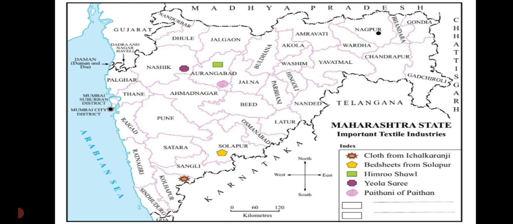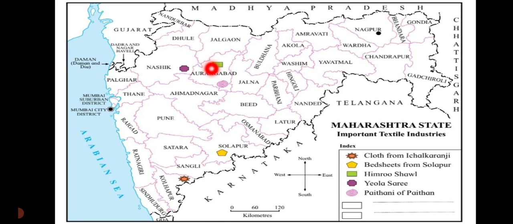See, the cloth from Ichalkaranji is shown with a sign, orangish in color, like that of a sun. So you can easily see where Ichalkaranji is. So it's here. Then in the index we can see bedsheets from Solapur are shown in a pentagon like this. So here is the same symbol. So that means this is Solapur where we get bedsheets.